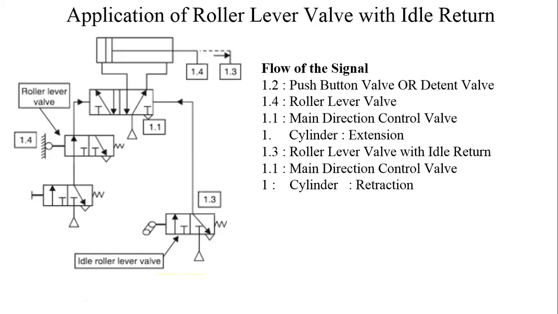Now you need to understand how to draw circuit diagrams. We are trying to see that the circuit diagram is shown every time if possible, so that things will be better understood. Now here circuit diagrams were shown to you and were explained so as to understand how exactly in the circuit diagram roller lever valves and idle return roller lever valves are used, or rather the concept of signal air and control air.